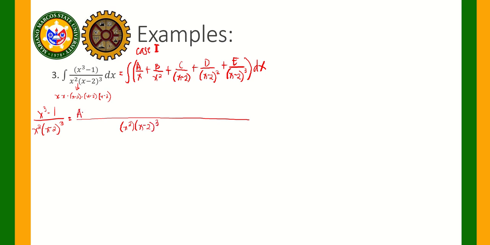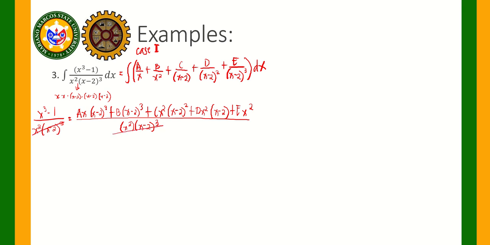So this is a times x minus 2 cube plus b times x minus 2 cube plus c x squared times x minus 2 quantity squared plus dx squared times x minus 2 and then plus e times x squared. So, alam nyo naman na siguro kung paano to nangyari, no? Sa LCD lang tayo. Okay?